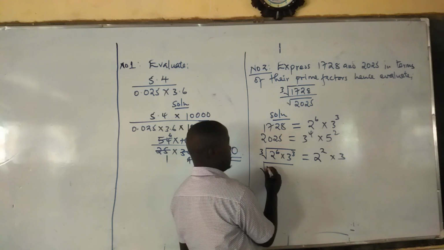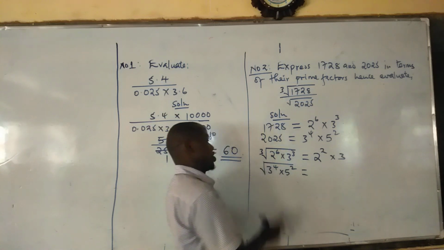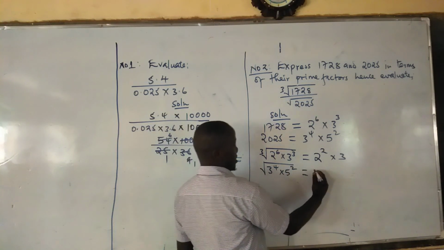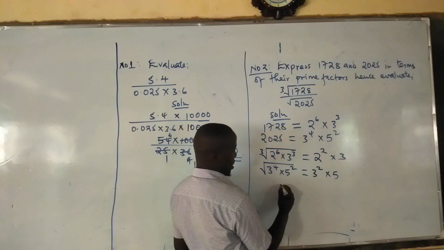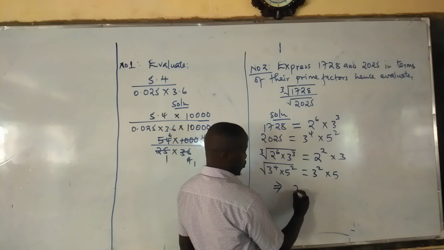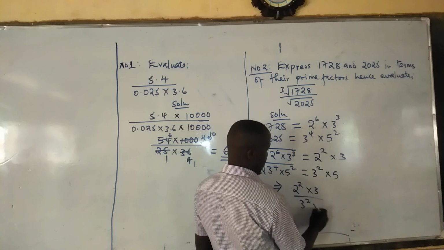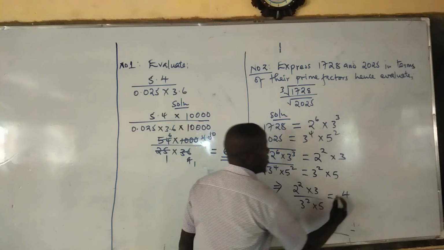Then the square root of 2025, we will have 3 power 4 by 5 squared. When we are taking square roots, we just divide the powers by 2. So this becomes 3 power 2 by 5 power 1. Therefore, now we divide 2 power 2 by 3 divided by 3 power 2 by 5. This will give us 2 squared is 4.